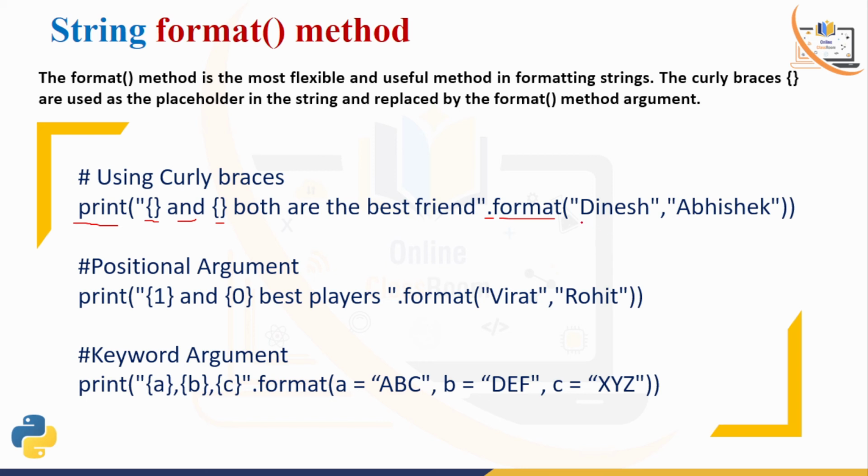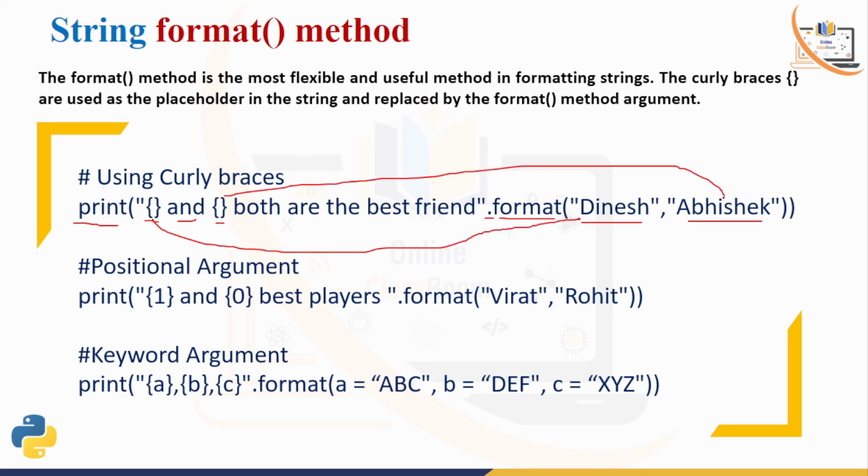If we write Dinesh and Abhishek, it will print Dinesh and Abhishek; this will map with Dinesh and this will map with Abhishek, right?